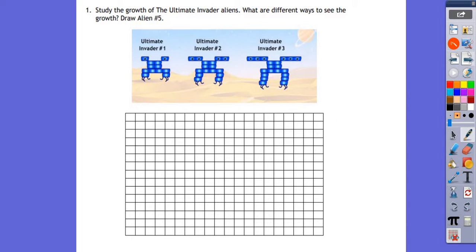Also on number 1, in that grid, they want us to draw the 5th alien and what he would look like. So take a second and draw what you think the 5th alien would look like. Okay, wait for everybody else. Alright, I'm going to draw the 5th guy using some information you've already told me.